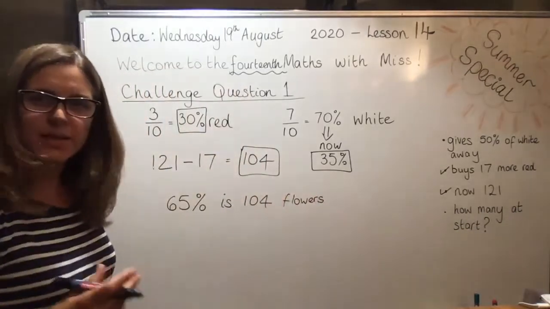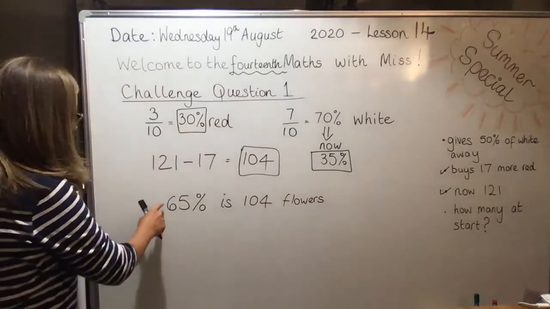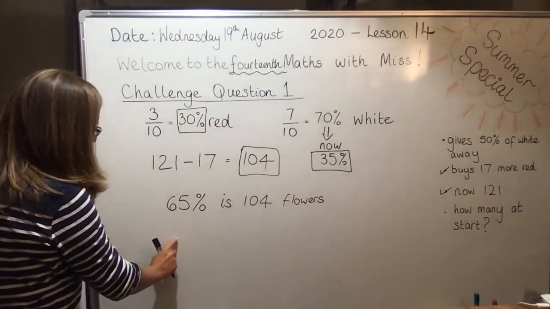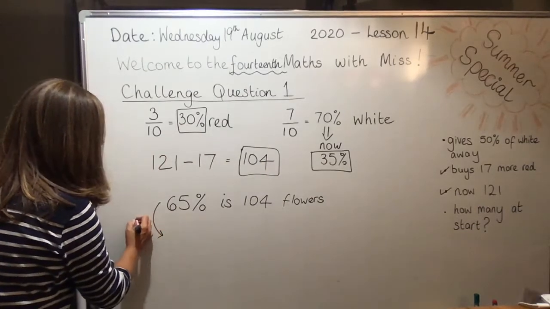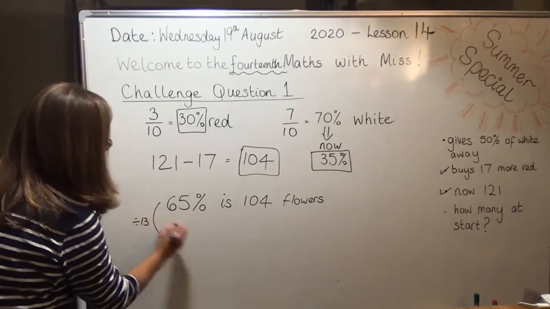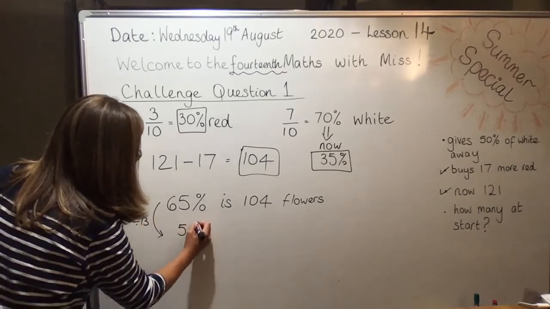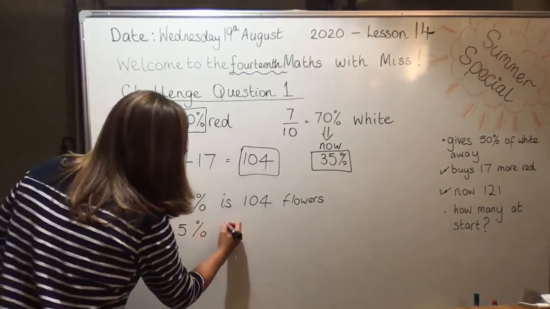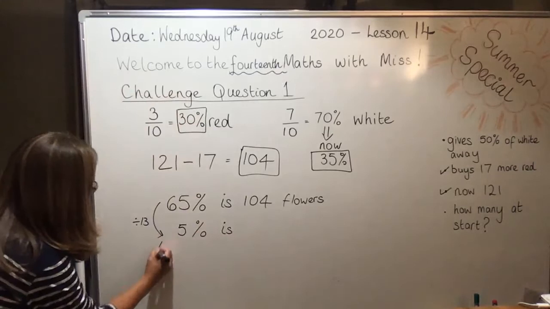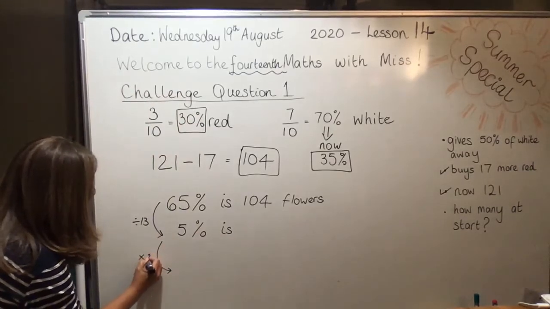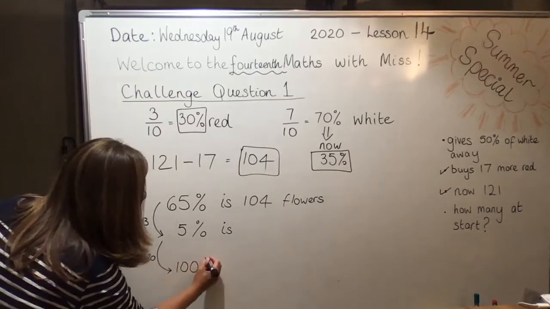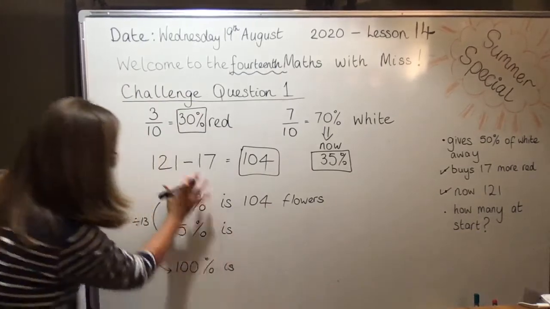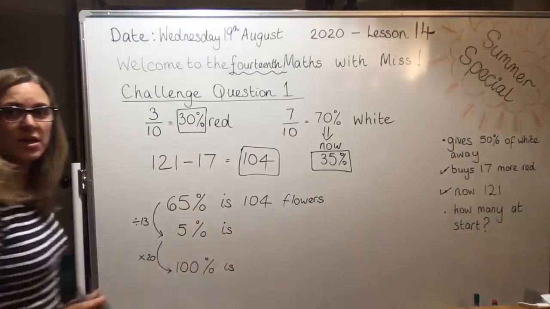All right, now it's still a little bit tricky because we've got to get to 100%. So I'm going to divide by 13, because if I divide by 13, I'm going to get 5% here. Can you see that? And then I'm going to multiply by 20 to get 100%. Remember, what I do to this side, I need to do to this side as well.